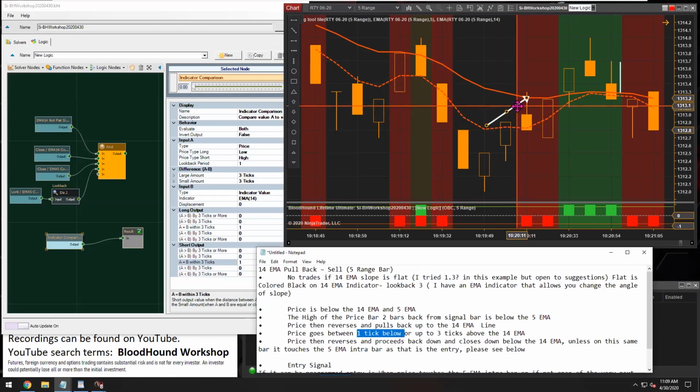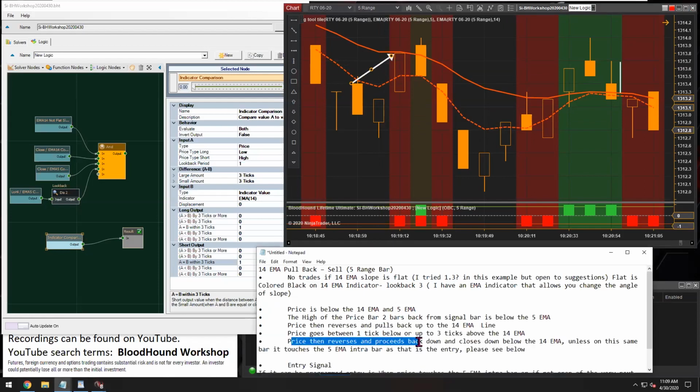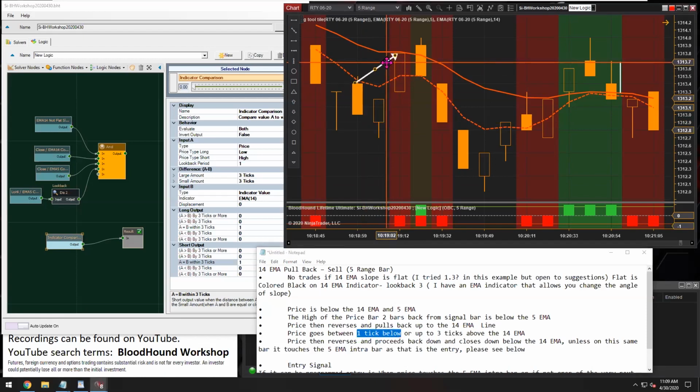So, we have to take all of this into context, but for now, just looking at the individual rule here, the high of the bar could also be one tick below. So something like this, the high of this bar is a fraction of a tick below. This bar looks like it would qualify.